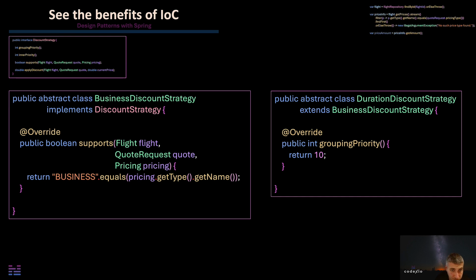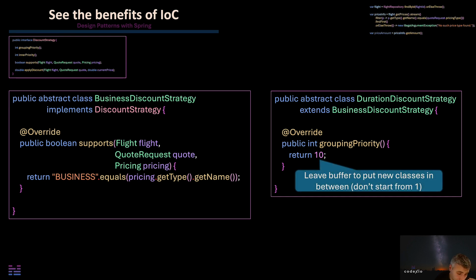So now we need to execute them in order, but this order should have some buffer, because again, if we go back to open close principle, we need to have a way to add new things without scrambling the whole code base. And how can we do it? Well, if we are too tight here, we may not be able to put something in between if something happens. So we need to have some buffer, like tens or hundreds.